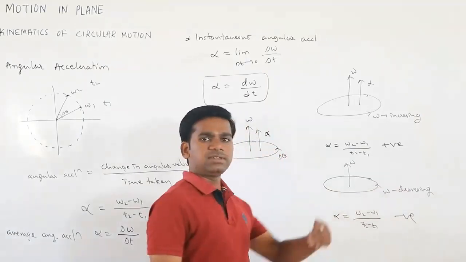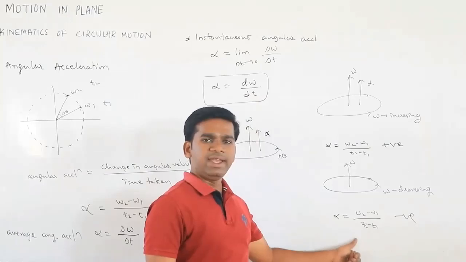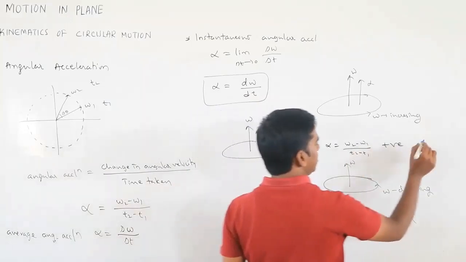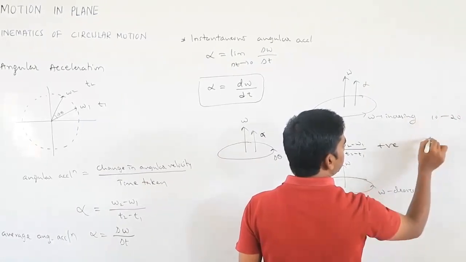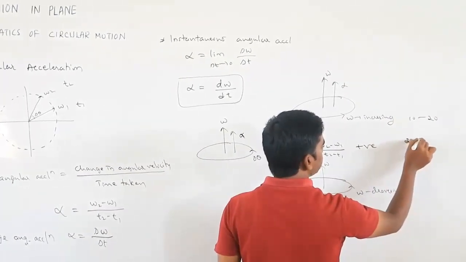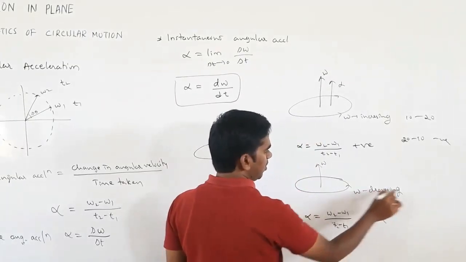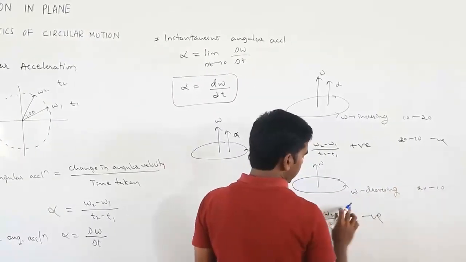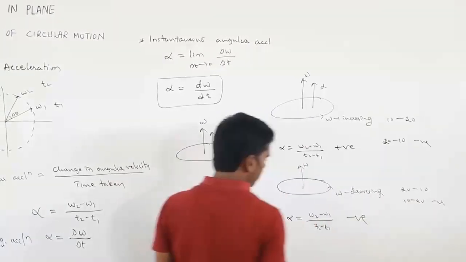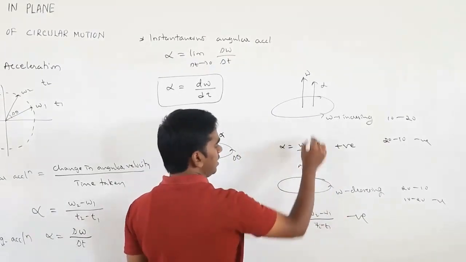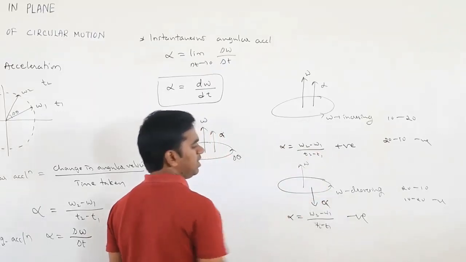Decreasing means it is coming from 20 to 10, so 10 minus 20 will be negative. So the direction is downward. Alpha will be downward.